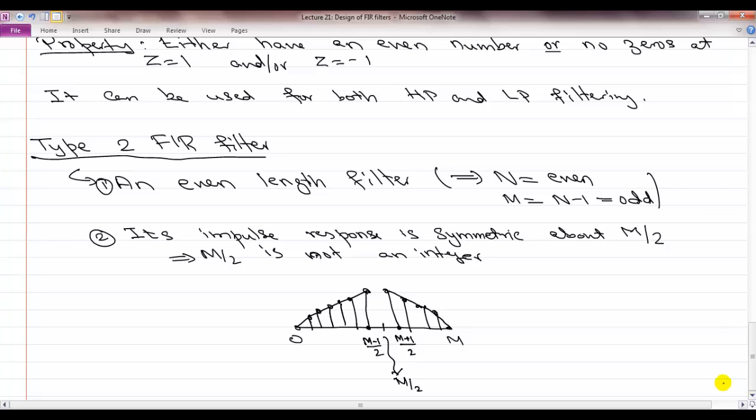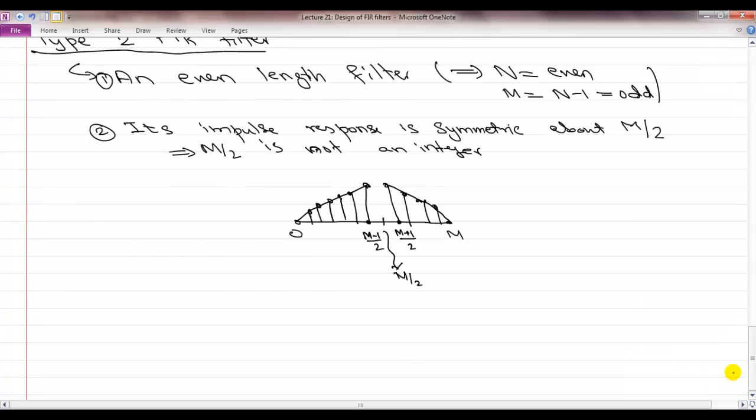Now, very small change. You have made the length from odd to even. But this small change actually means a lot in terms of what this filter can do.